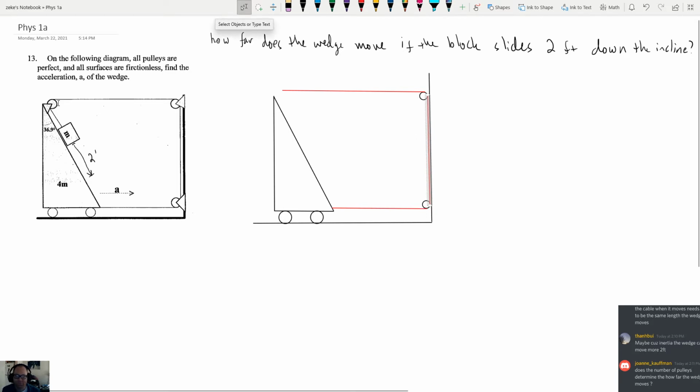If this one moves 2 feet, where does that rope have to come from? Where does that cord have to come from?